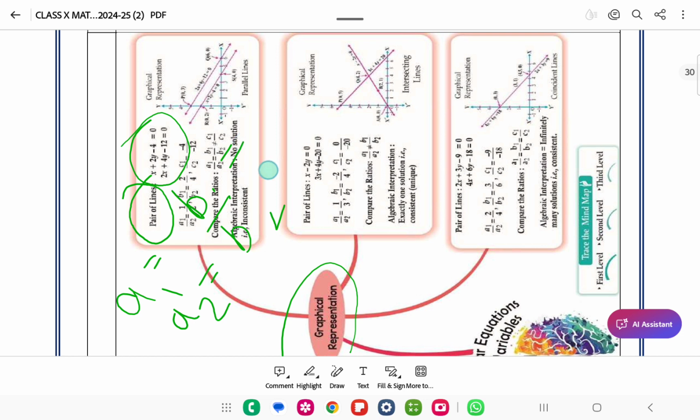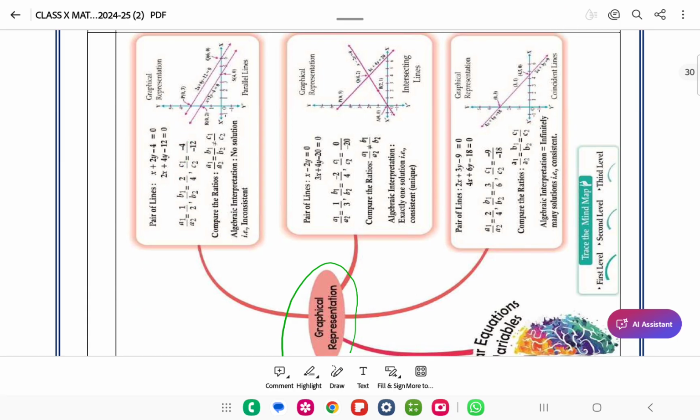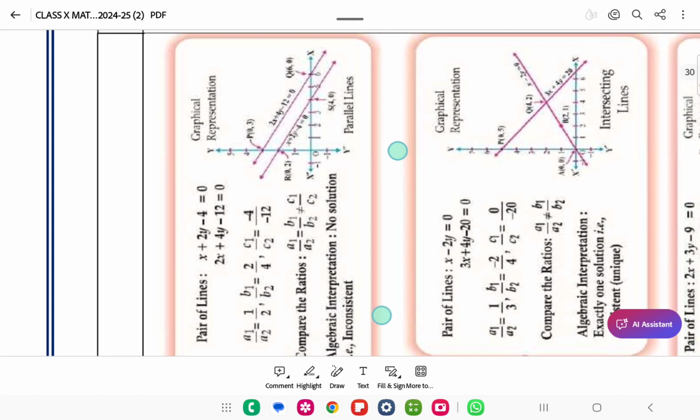We have to take the values of a1 and a2, and b1 and b2, and c1 and c2. By all these things you will get the problem solving.